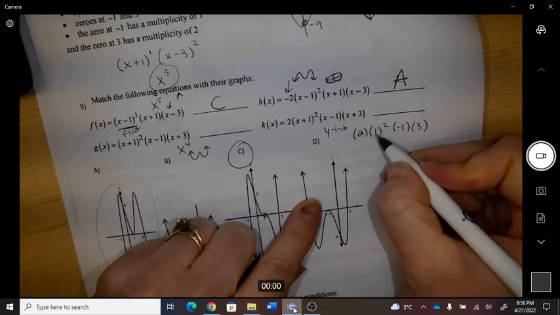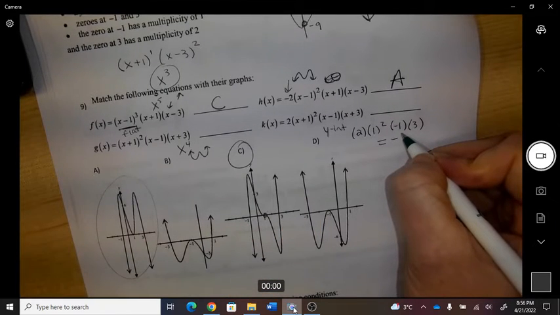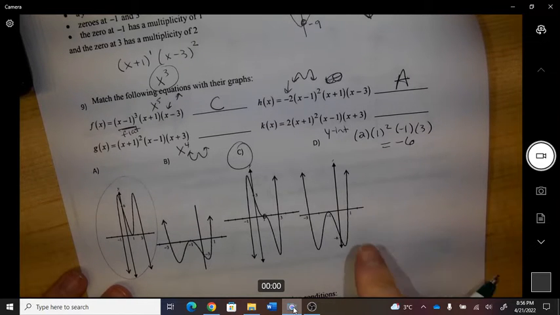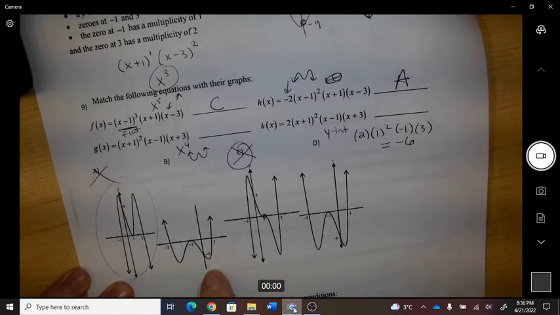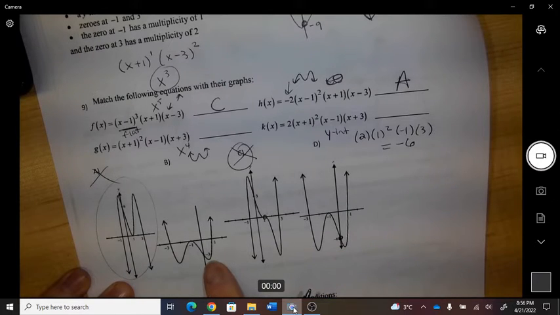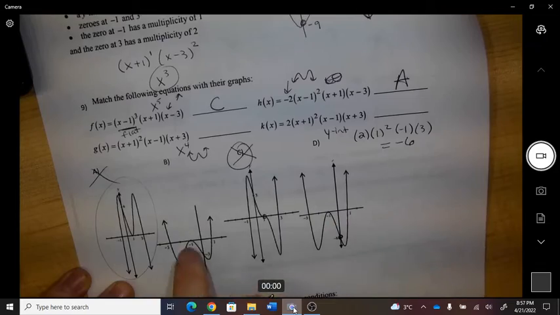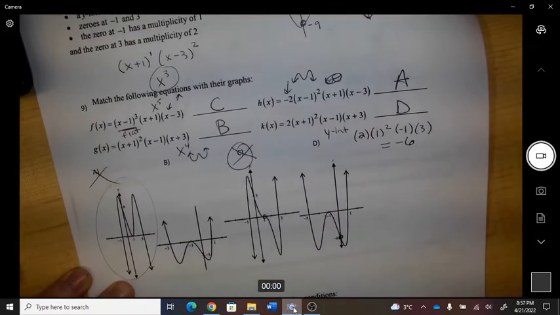So this would have a y-intercept of 2 times 1, -6. So if I'm right, we took C out, we took A out. This one has a -6 and this one has a -3, and that's because of that 2 times versus this one didn't. So this would be D and this would be B.